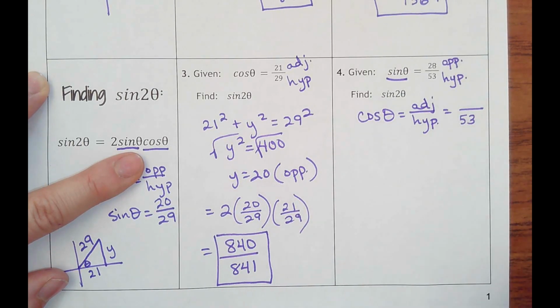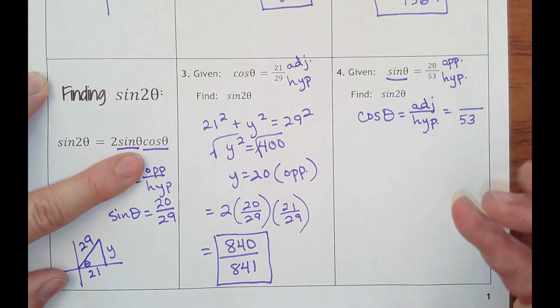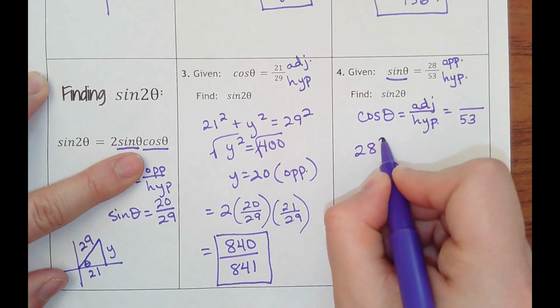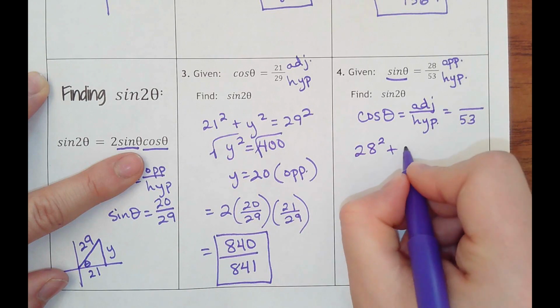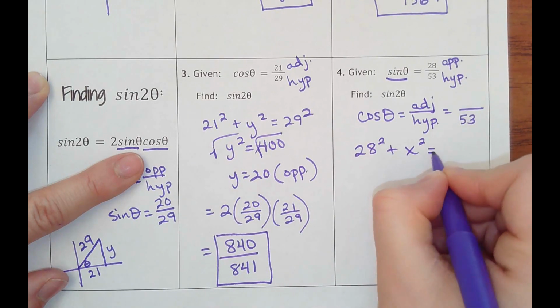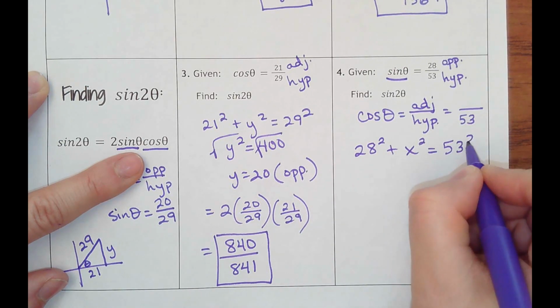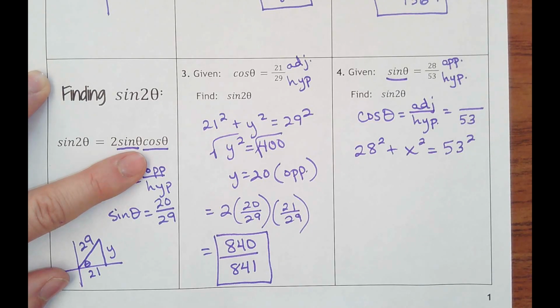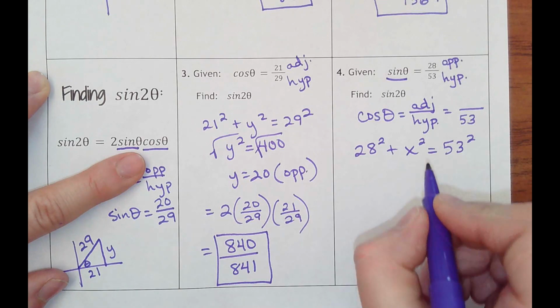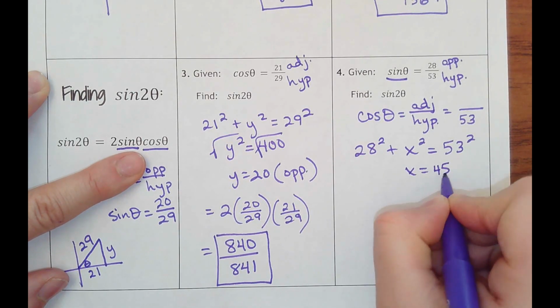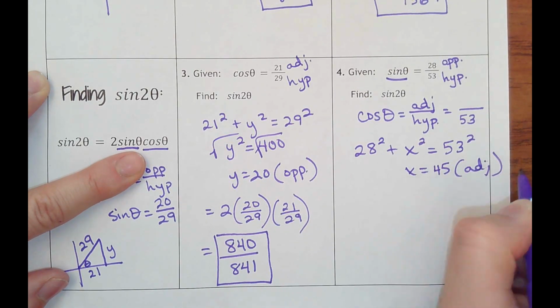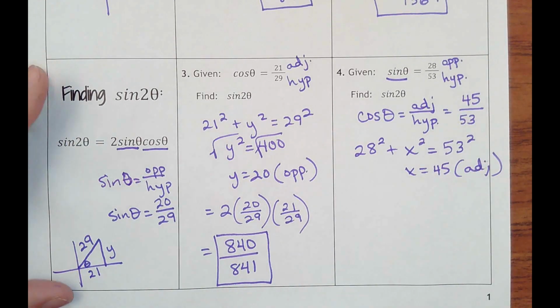I'm just going to have to find the adjacent. So I'll have my leg squared plus, maybe I'll use x this time because the adjacent leg is really your x value, equals 53 squared. And you should get that x is 45. That's my adjacent, so that would be my cosine ratio.